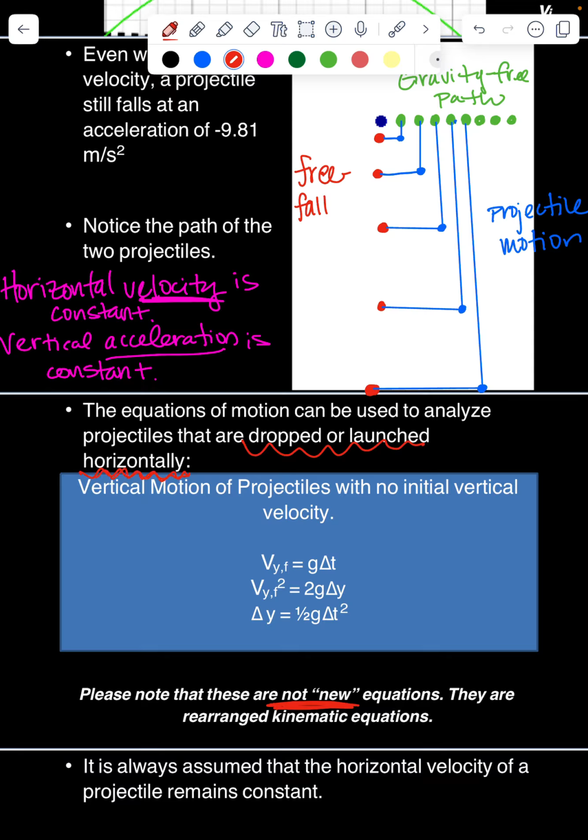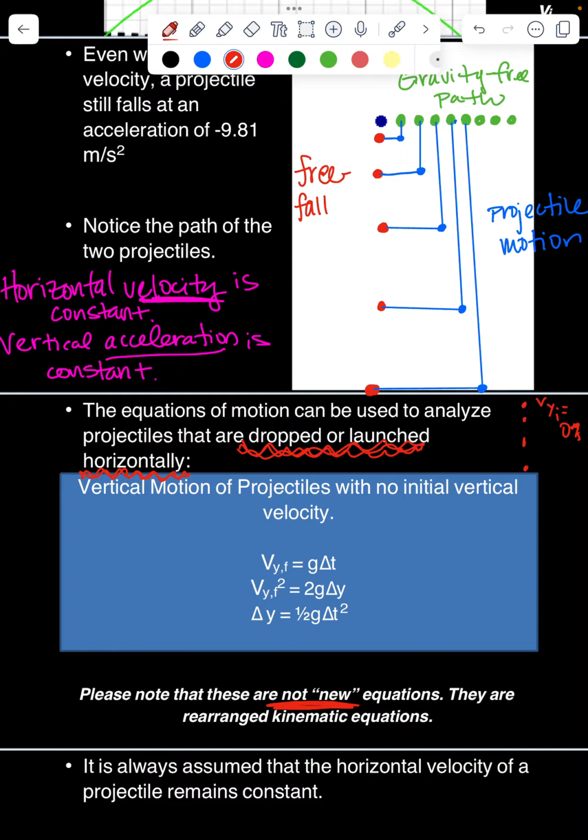So these can only be used whenever something is dropped or launched horizontally. The reason is that whenever they are dropped or launched horizontally, just like with something in free fall, that initial vertical velocity is 0.